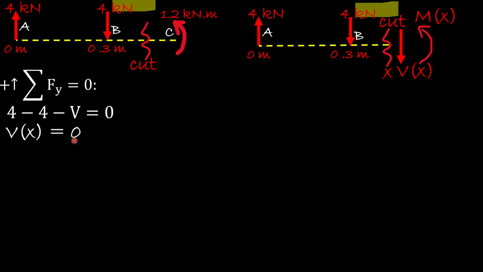And that does tell us something. It tells us that because our shear force is 0, our moment between B and C will be constant.